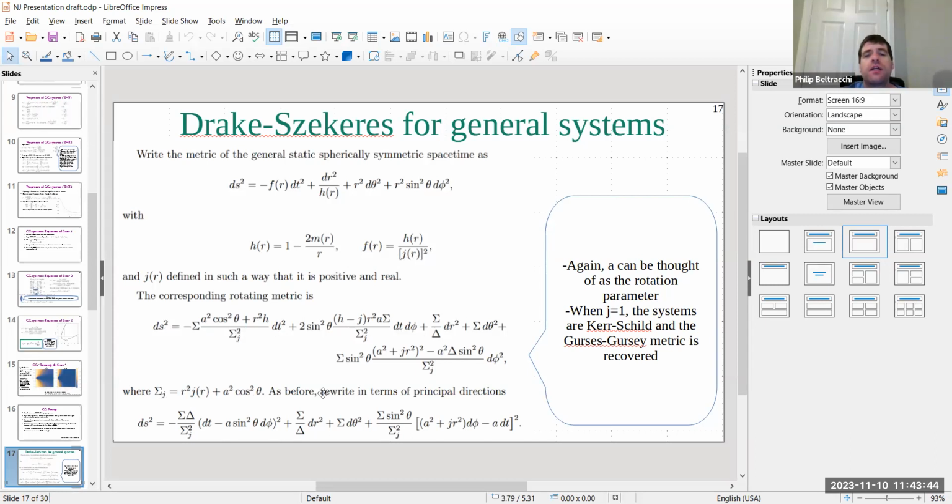As before, it's possible to write this in terms of principal directions. So we have our directions here. This is not in general Kerr-Schild unless k is 1. If j is 1, we recover the Gürses-Gürsey metric. And then it would be Kerr-Schild, and we could rewrite in the Kerr-Schild form, but in general, it's arbitrary. So we don't have a Kerr-Schild metric or scalar function that we can write.